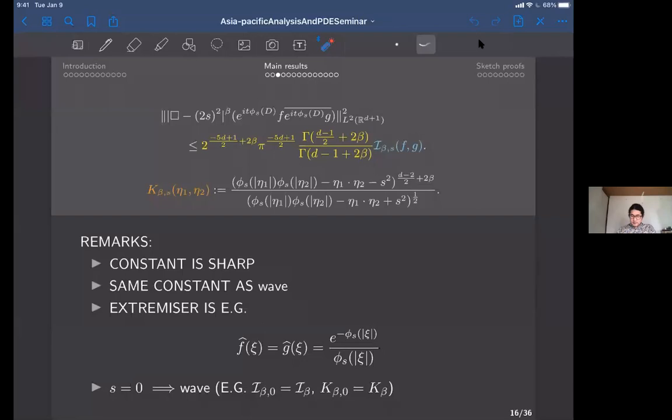And this function is an extremizer for this inequality, meaning it makes the inequality an equality if you employ it as the input. And again, when s is 0, the result recovers the Jevons-Ozawa theorem because we have no s here. That means the denominator and numerator are the same. And you have the modulus here.